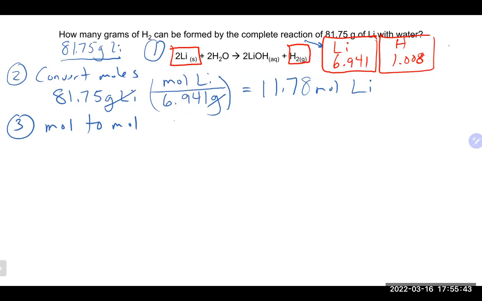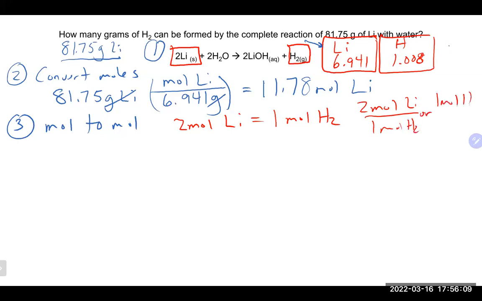That tells us for every 2 moles of lithium I toss in there, I'm going to get out 1 mole of H2. The coefficient in front of H2 is 1, so that is where that comes from. That gives me 2 possible conversion factors: 2 moles of lithium over 1 mole of H2, or 1 mole of H2 over 2 moles of lithium.